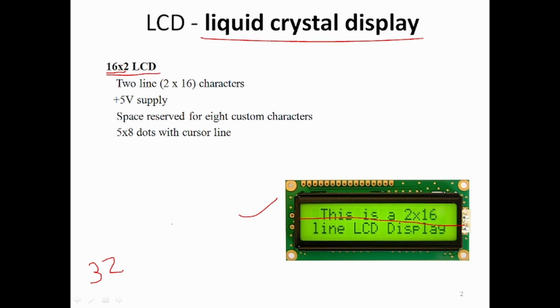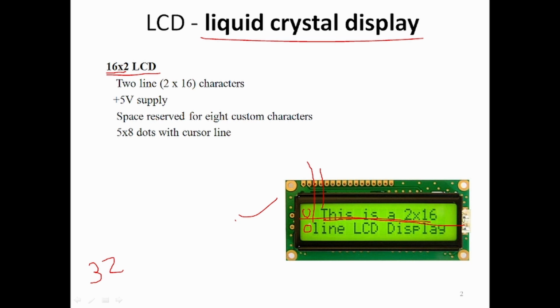Here you can see this is 2 cross 16. In the first line the starting point is this, but in the second line the starting point is this, right? And in both lines you can see the first place is empty. So you can manage all these things using commands.